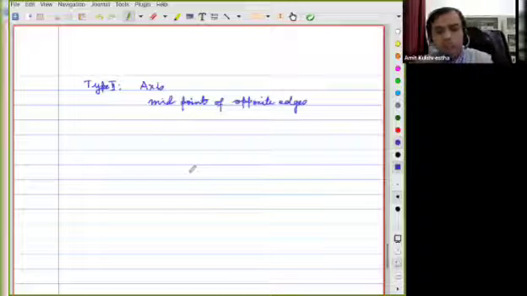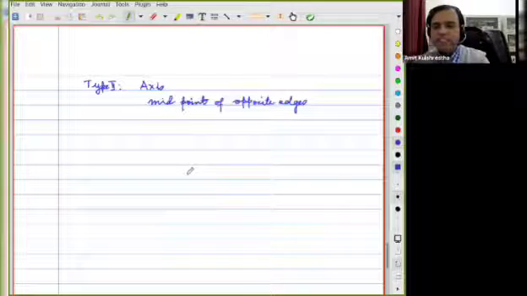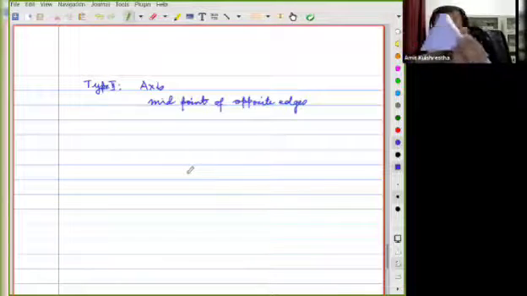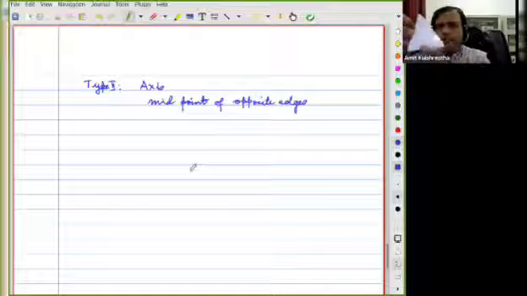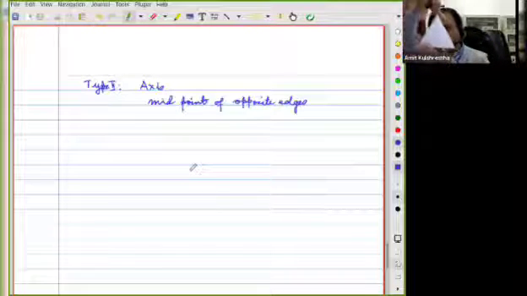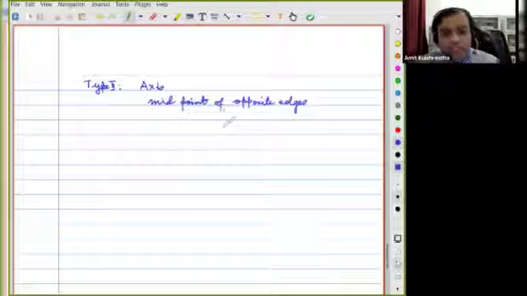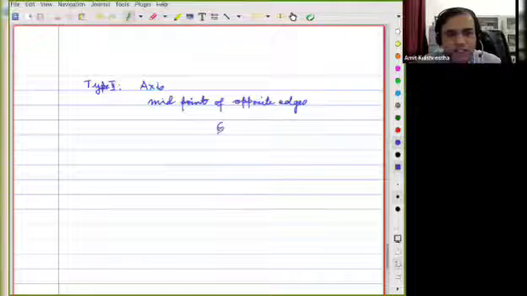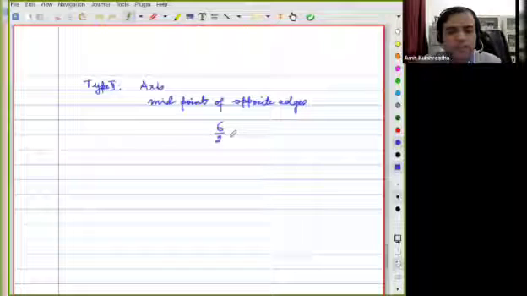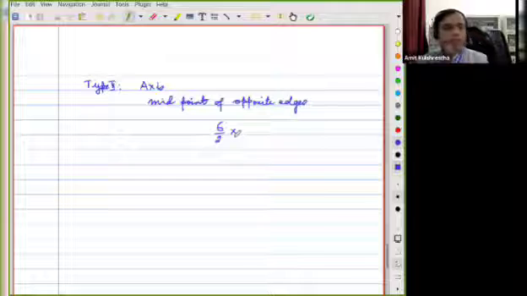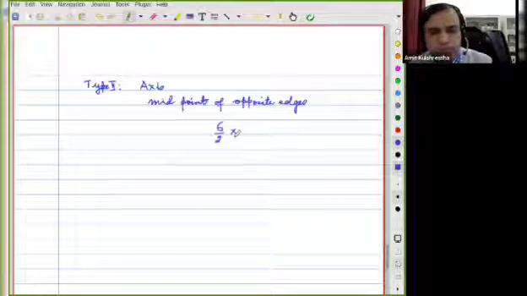And how many choices are there? How many edges are there in all? There are 6 edges, right? If I hold it like this, 3 in the base and 3 going from top to bottom. So there are 6 edges, but how many pairs of edges are there? 6 by 2, that is 3. And each choice is giving me how many rotations?